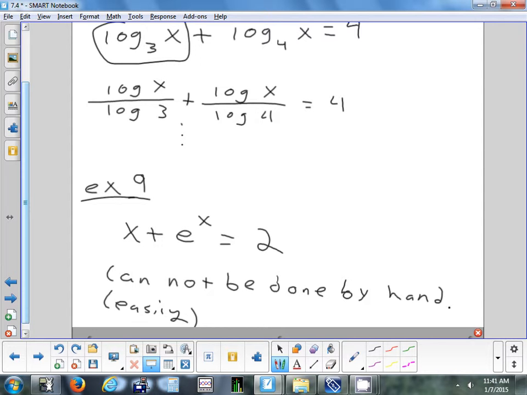Okay, the problem is I have a variable in 2 spots. If you got rid of that variable, now it's easy. E is just a number, 2.718. Just subtract it. Okay, and I'm done.